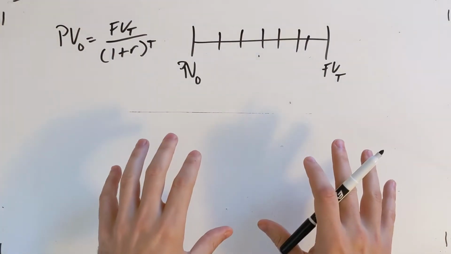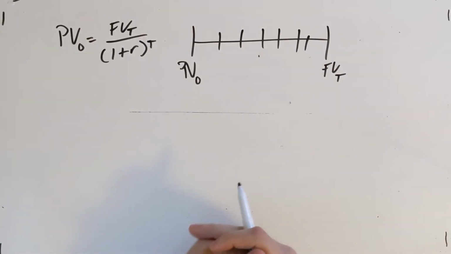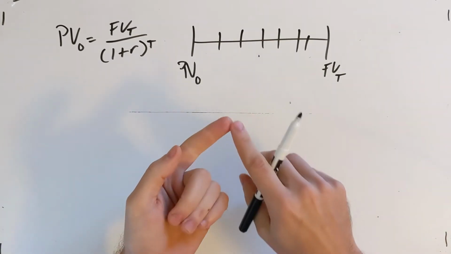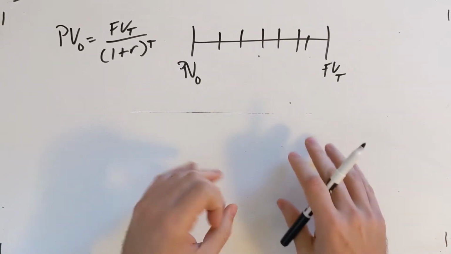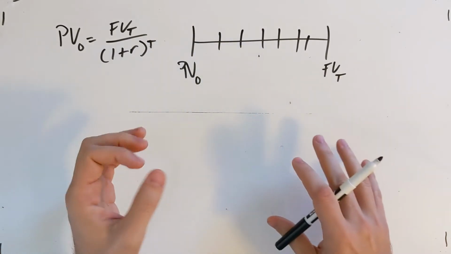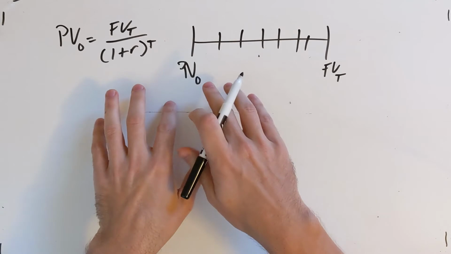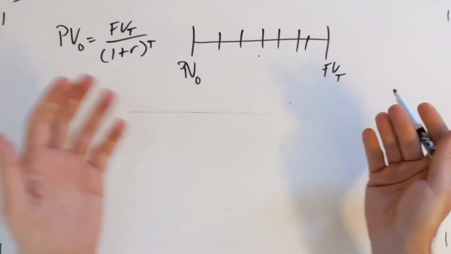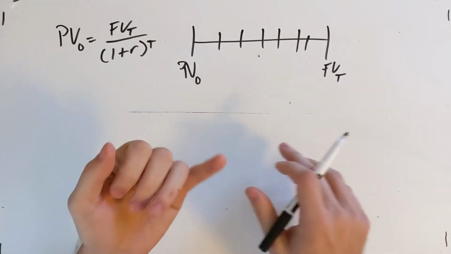Most financial products that we deal with as consumers, home loans, car loans, student loans, credit cards, investments in stocks and bonds, if you own rental property, there's an arrangement where there may be multiple cash flows, right? So let's look at an installment loan or a fixed rate loan like a mortgage or a car loan.